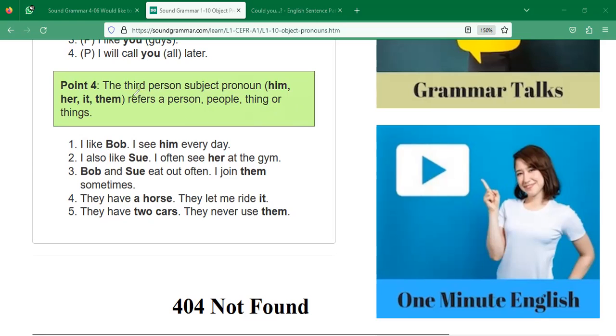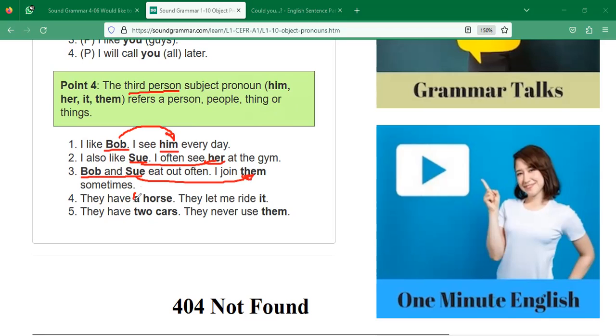So when we talk about another person, okay, as you can see, for example, Bob, we use "him". This is referring to him, okay, Bob. Sue, it's a girl, so I'm going to say "her". In the case of number 3, I have 2 people. Bob and Sue becomes "them", okay?